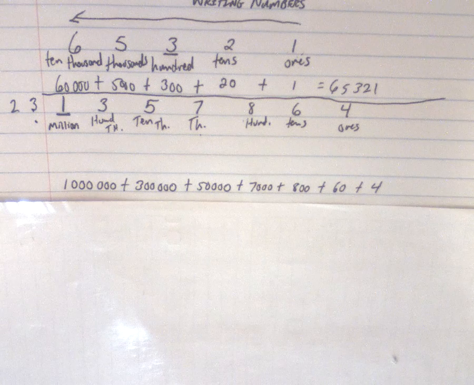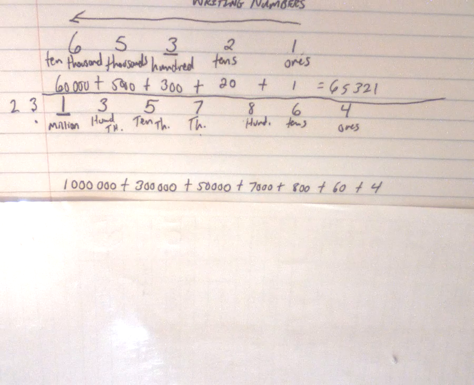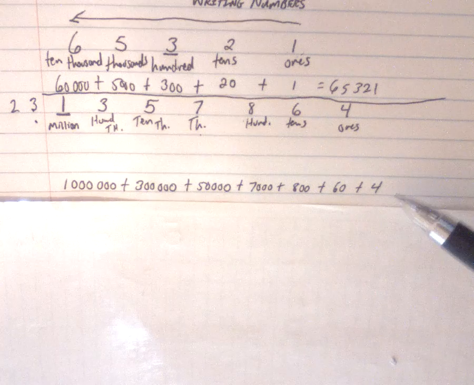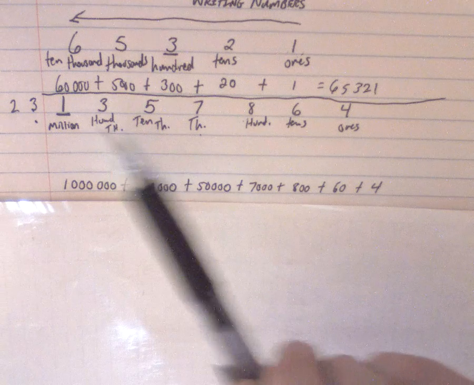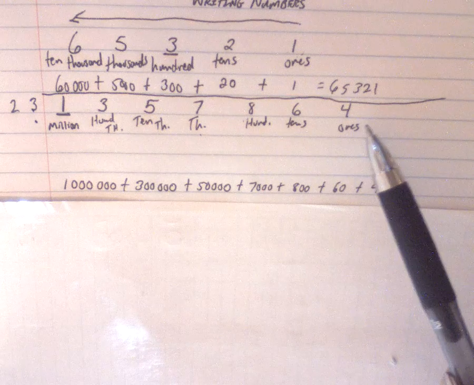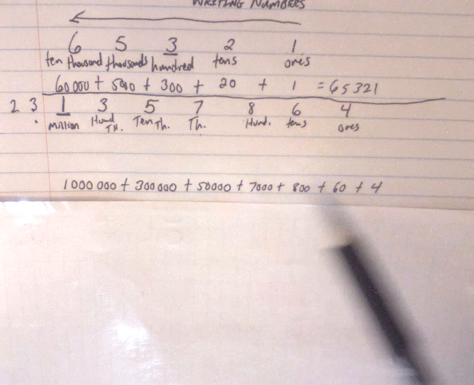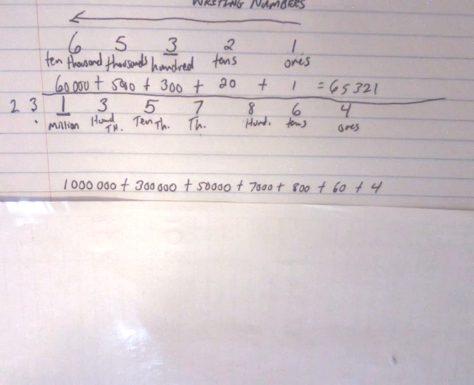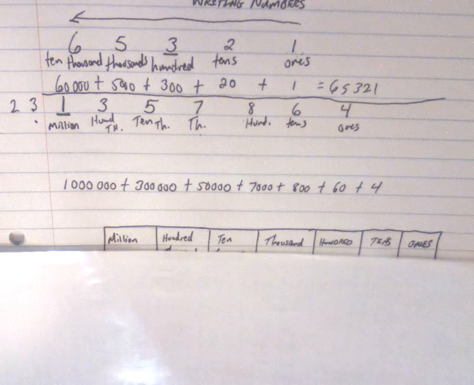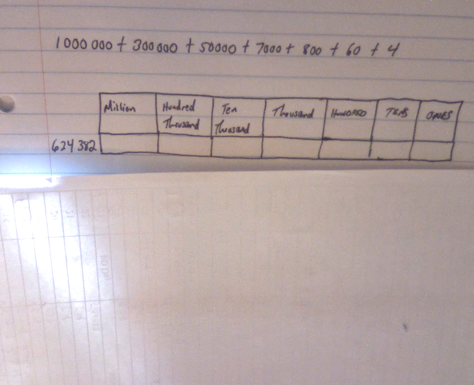So what I did is I took it and I wrote it out as a sum, as an addition problem equation, and this number right here, if we can write it like that, it saves us the time of doing this all the time. That's why we write numbers like this, so we don't have to use the addition equations all the time.